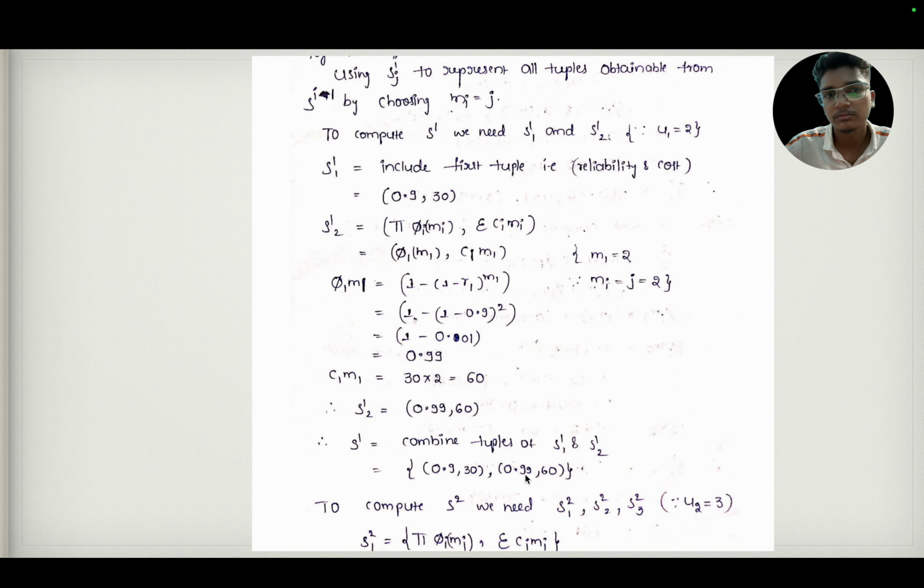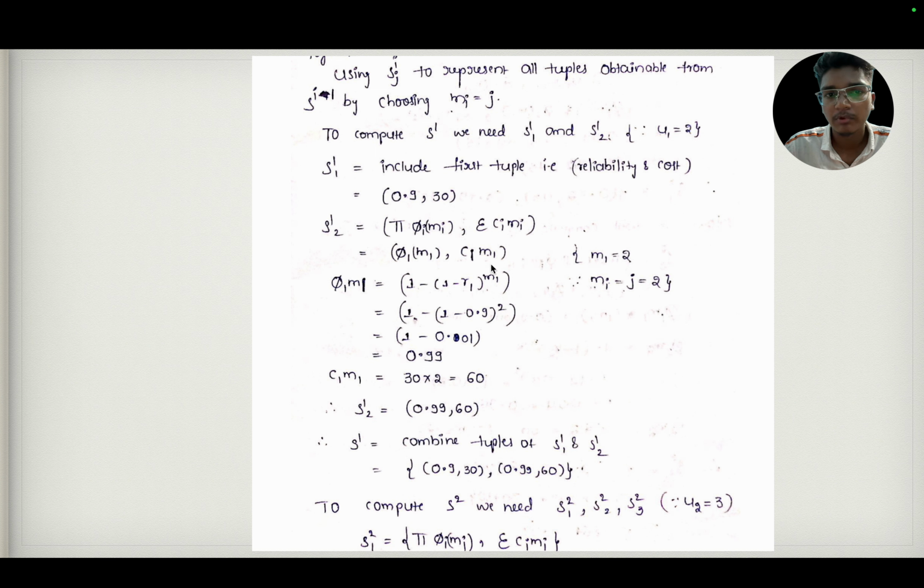Okay, first one, that's S1 of 1, where 1 is the m1 value. Include the first tuple, the reliability is 0.9 and the cost is 30. Then for the m1 value, 1 minus (1 minus r1) to the power m1.